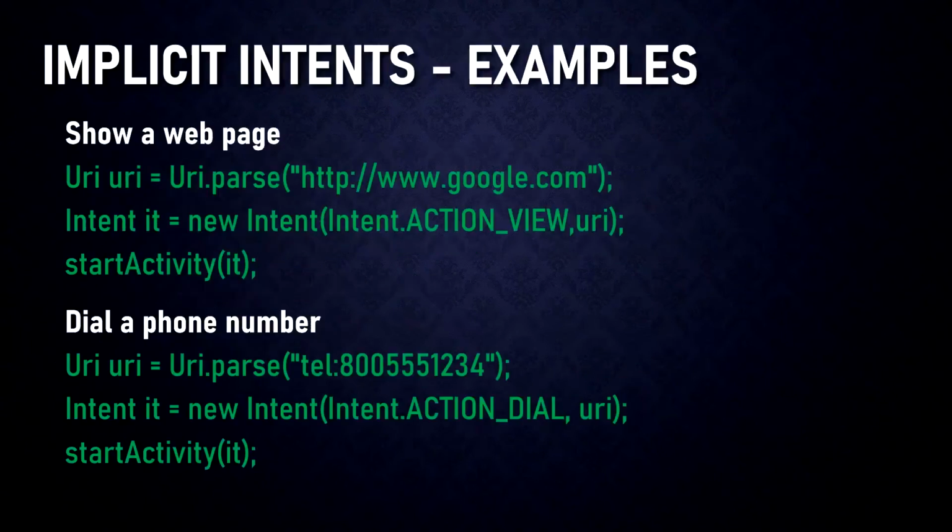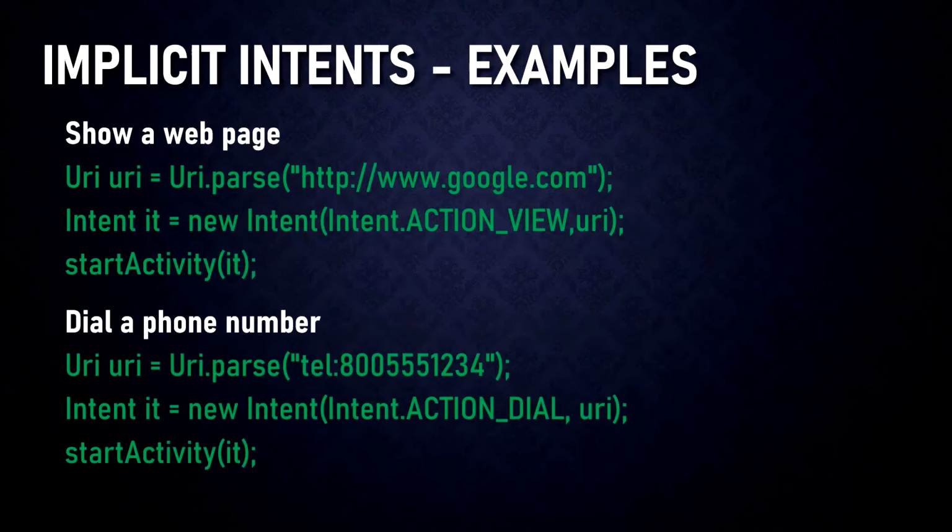So these are the implicit intent examples. Let's say we want to show a web page. To do that, you just pass a URI. If you want to pass a string, it's better to use a URI and parse that string.